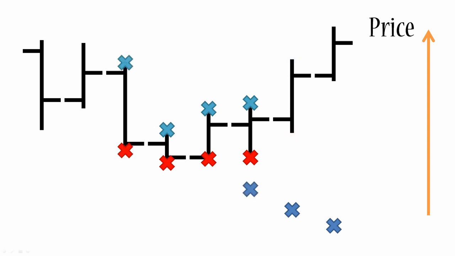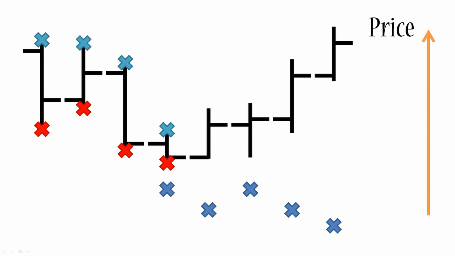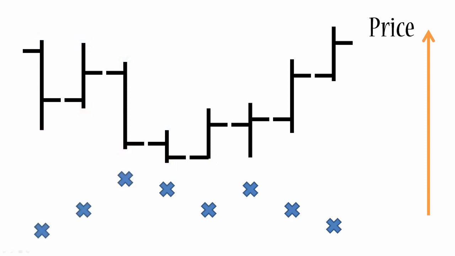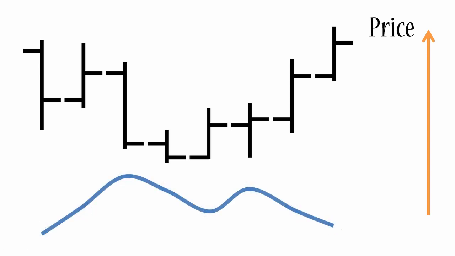Let's do that again. Once more, we've got 4 bars, and the average true range plotted under the last of the 4 bars. We can do that again and again. We just keep going as far left as we want to, and we get all these little crosses at the bottom. So now we're going to connect the crosses with a line, and that's what it looks like.